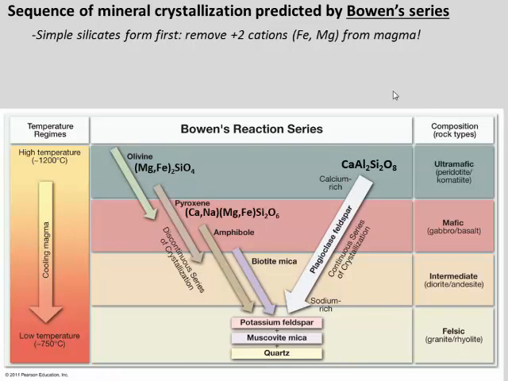So as we described, the first silicates to form are the simple silicates. For example, olivine, that isolated tetrahedra structure where there was no oxygen sharing. And again, they're going to grab up those +2 cations because they need them to neutralize the charge. Same with pyroxene, it was that single chain silicate. So what's happening?